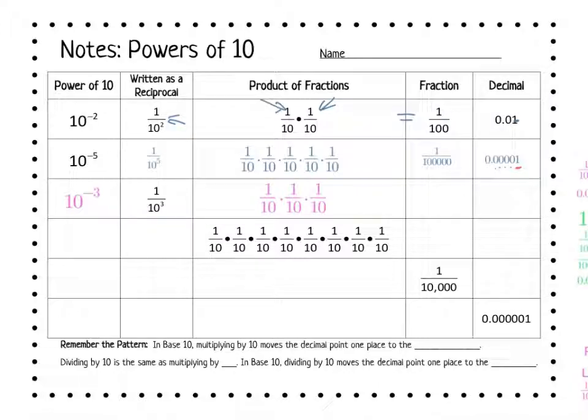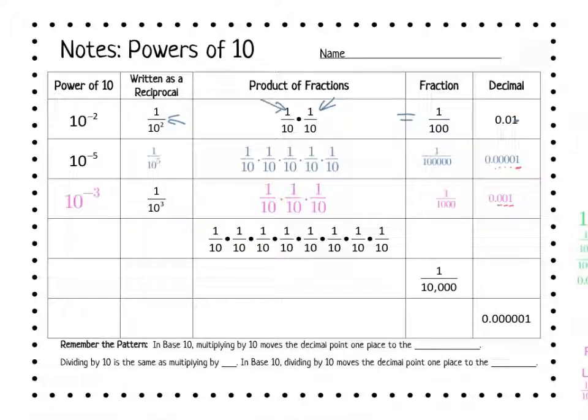Then I can write that as a fraction. 1 times 1 times 1 is 1. 10 times 10 times 10 is 1,000. So I have 1 1,000th. And then I'm going to write 1 1,000th as my decimal. Again, I've got 3 zeros in my fraction, and I've got 3 spaces in my decimal, so that matches.